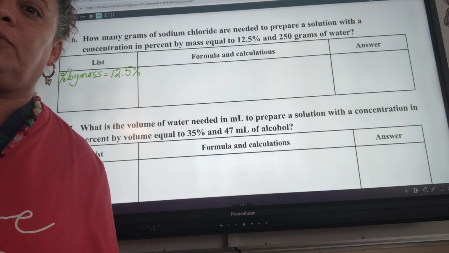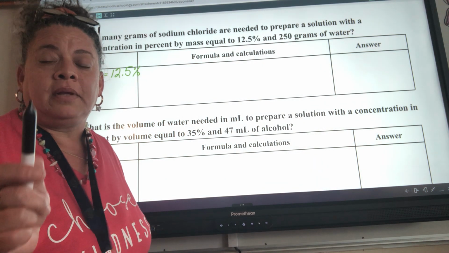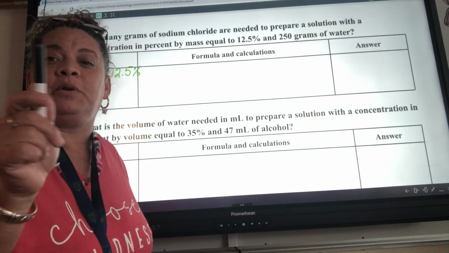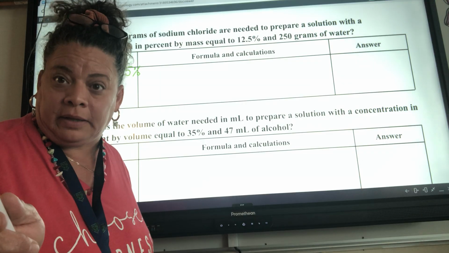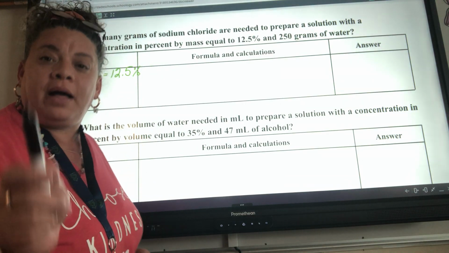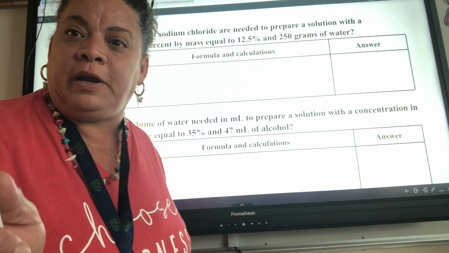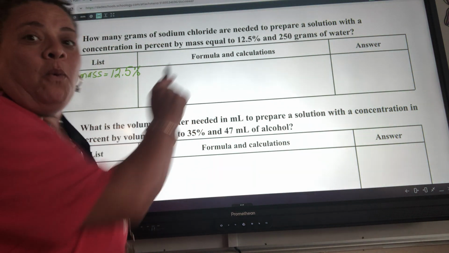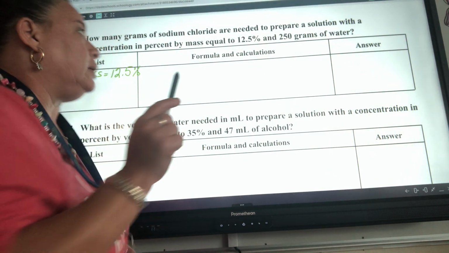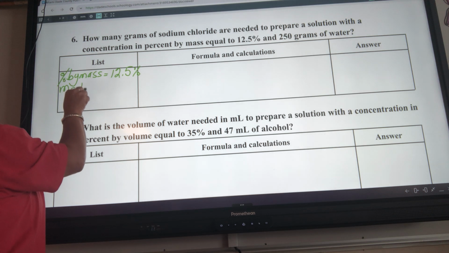Okay, one more time. Water is the universal solvent because it can dissolve ionic compounds and covalent polar compounds, and it's super important for living things. Okay, so water is the solvent, and I have the mass of the solvent.